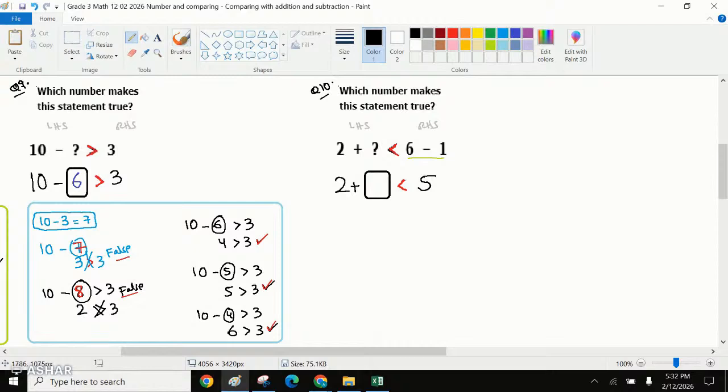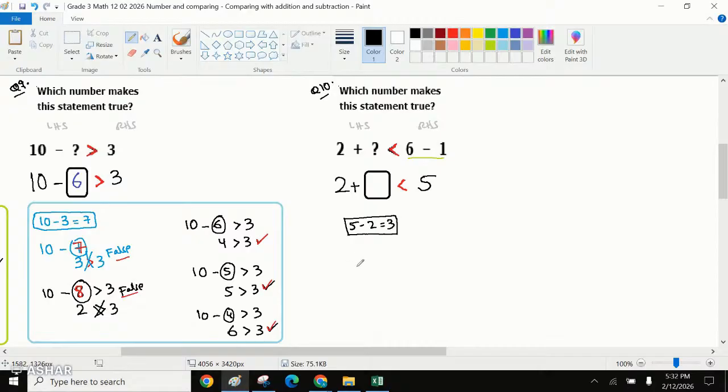So can we look at the difference of these two numbers? So what we see is when we say 5 minus 2, it comes out to be 3. So let's start off with 3. Then we go to the smaller number than 3.